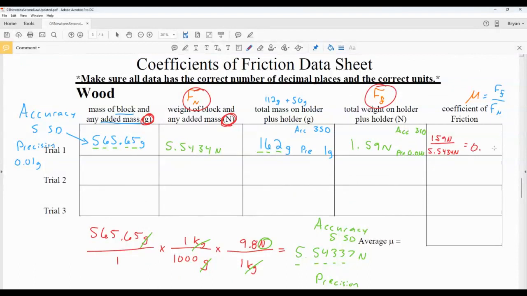It's definitely going to be less than 1, so it'll start with a 0. Keep in mind that the newtons from each of those will drop off, so there are no units on this. And we get 0.287.